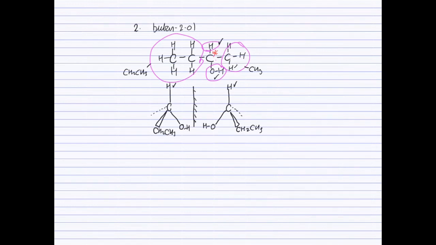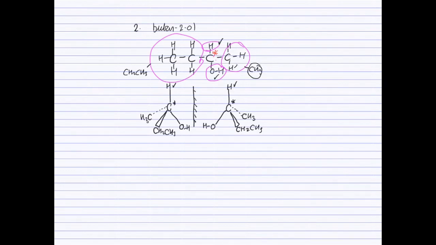Remember, you don't need to do mirror writing. We've got rid of that. And now there's our methyl group. So that's going to be reflected. CH3 there, H3C there. So these are the two enantiomers of butan-2-ol, and this carbon here is the centre of symmetry, or the chiral centre.